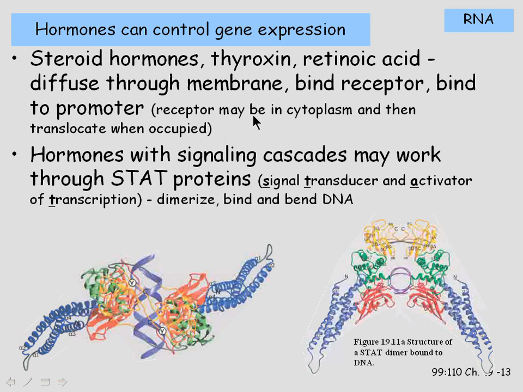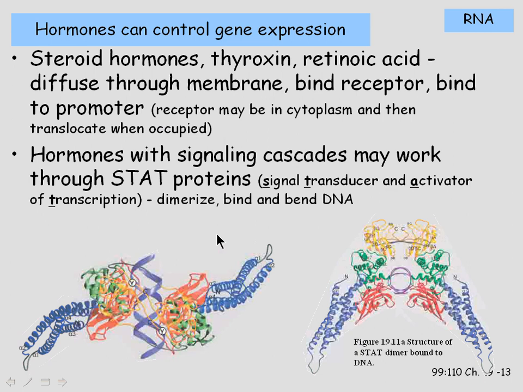Even for those hormones that do act through transmembrane protein receptors and have some direct metabolic influence right away, some of those have additional levels of control at the level of transcription through STAT proteins. And STAT is an acronym for Signal Transducer and Activator of Transcription.